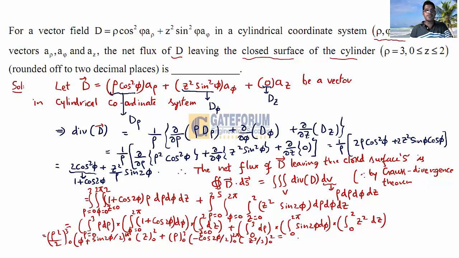So this simplifies to 3 square, 9 by 2, into sin 2 pi, sin 4 pi, sin any number of pi, which is 0. Sin 0 is also 0.